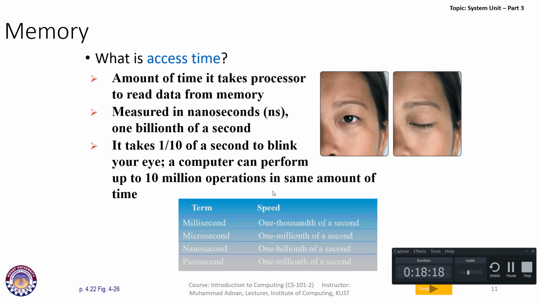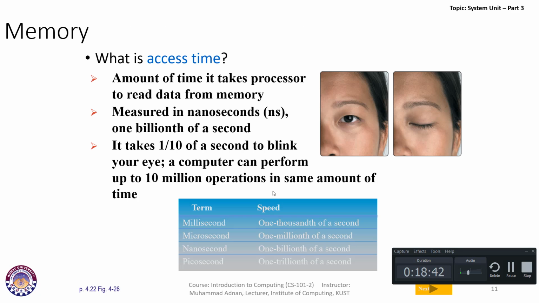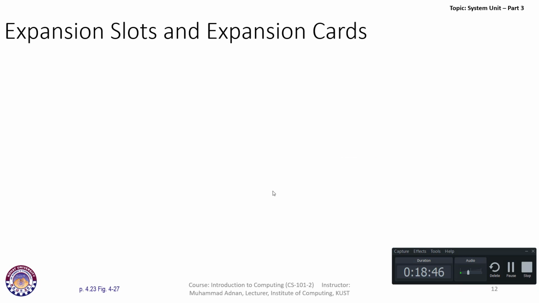The terms normally used for access times are millisecond, which is 1,000th of a second, microsecond, which is 1 millionth of a second, nanosecond, which is 1 billionth of a second, and picosecond, which is 1 trillionth of a second. Computer speeds are normally measured using these terms. So once again, let me repeat, access time is the amount of time it takes the processor to read data from the RAM or from the memory.